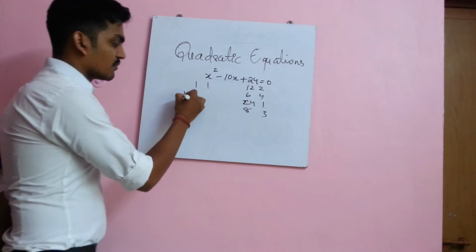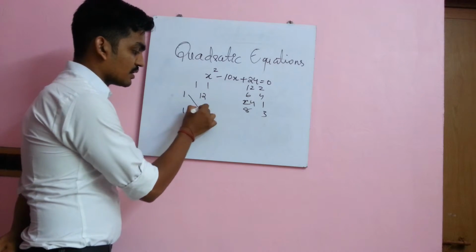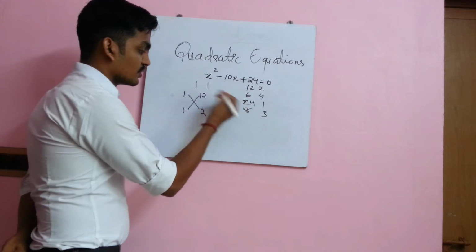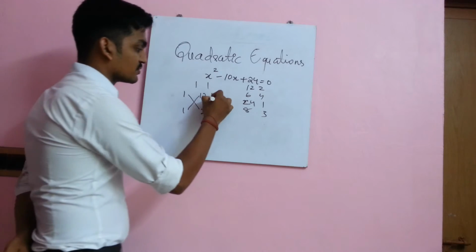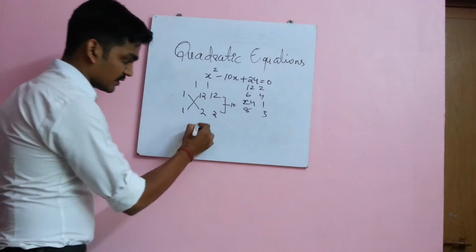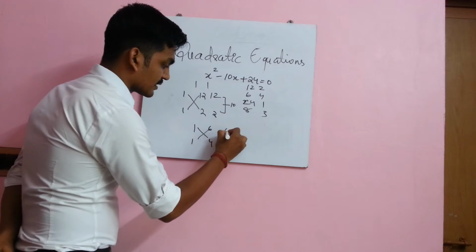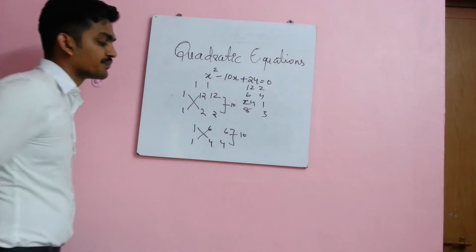See, it's 1, 1, 12, 2, 2 into 1 is 2, 1 into 12 is 12. This is going to come as 10 can be brought down. Another way, 1, 1, 6, 4, 4 and 6, so 10 can be brought.